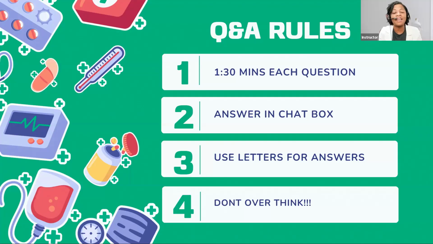I want you to put all your answers in the chat box. Please make sure that you remain muted because I want to make sure we're not distracting others. Again, if you are moving around on your camera, please take it off because it can become a distraction to others. When you put your answers in the chat, I need you to use letters, all right? Not numbers. So please make sure you follow that directive and don't overthink it. We're here to have fun, and we're here to get more exposure to these questions at hand.